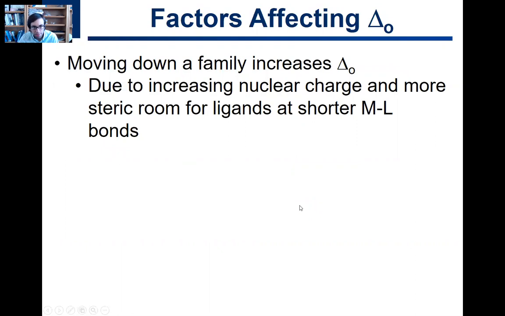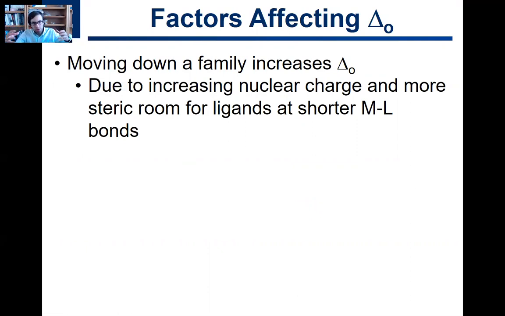Another factor is that moving down a family increases delta O. And this is due to a similar reason as what we just said with increasing oxidation state. If you increase nuclear charge, because you're going down, there is more room.